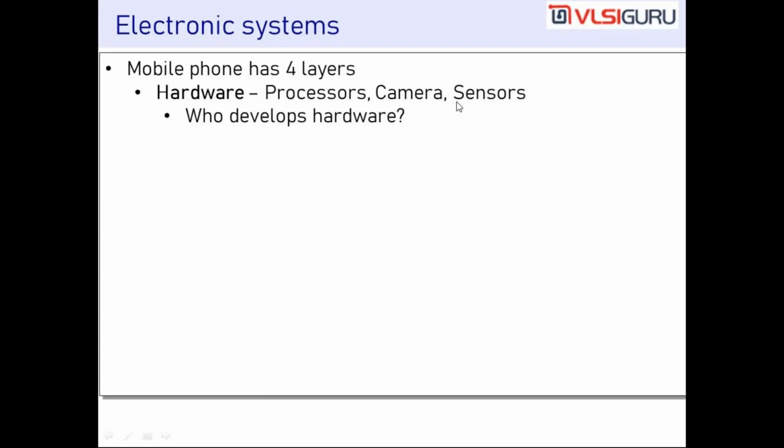A PCB engineer, a person who develops printed circuit boards, is also a hardware engineer. I worked in the industry in VLSI, so I am also a hardware engineer, but my classification is VLSI engineer. The person who works on printed circuit boards is a PCB engineer. Next, what is the next layer after hardware?